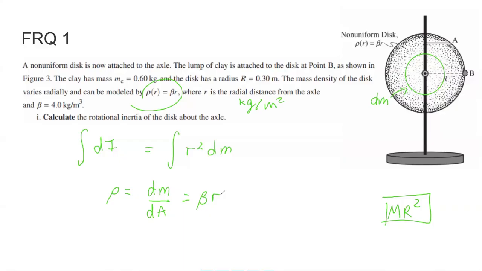And so I can now go ahead immediately and rewrite my integral as the integral of beta r cubed. Rewriting dm as beta r dA, so we have beta r cubed dA. Again, we're not quite done. We need to come up with an expression relating dA to something spatial.